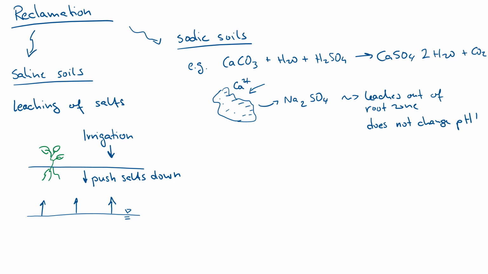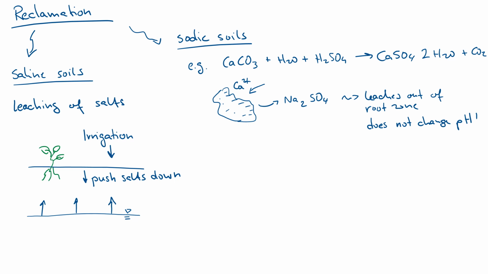That sodium sulfate is an aqueous compound, which means that if you now apply irrigation water, you can leach that sodium sulfate out of the root zone, and you've added more calcium to the exchange sites. So this is one way of reclaiming it, but it's a way that doesn't change the pH of the soil.